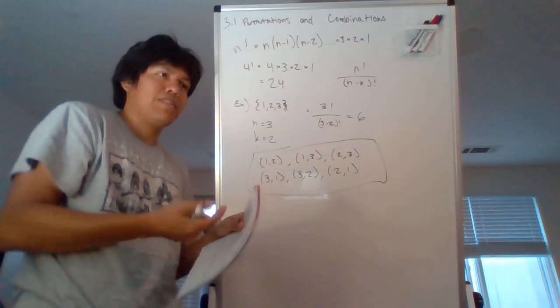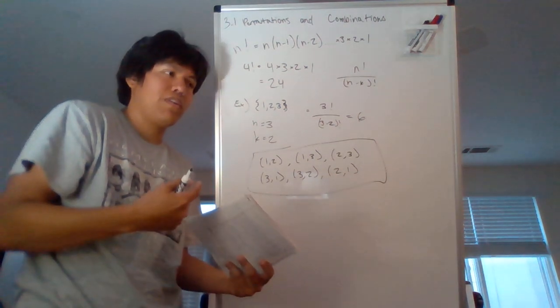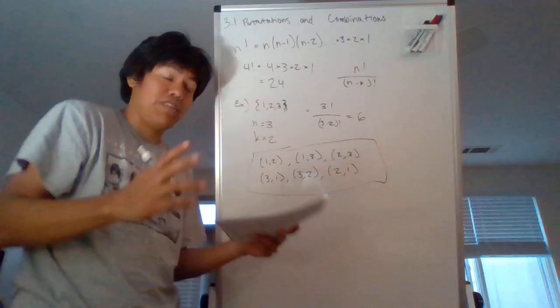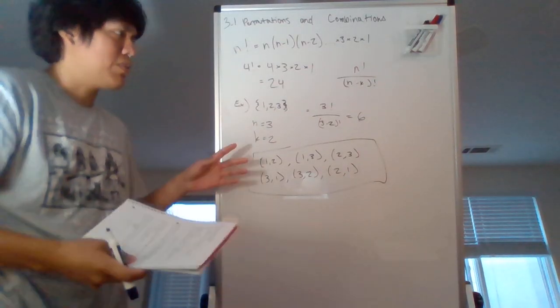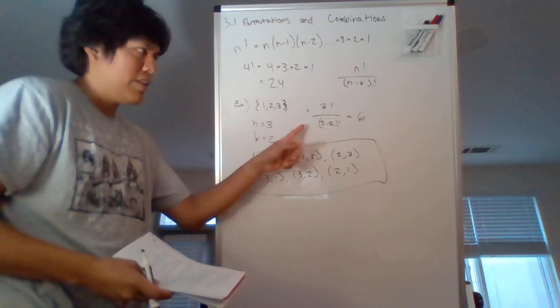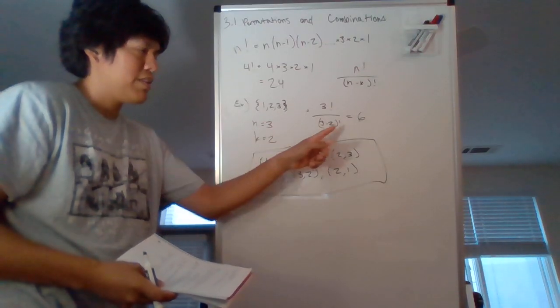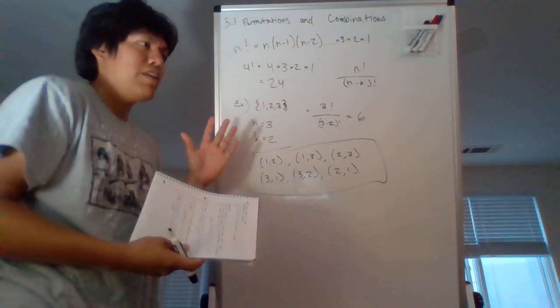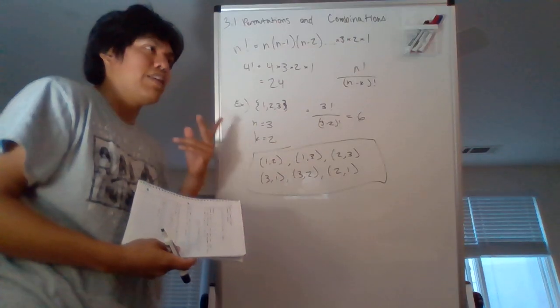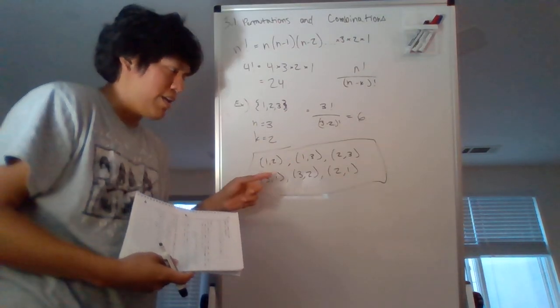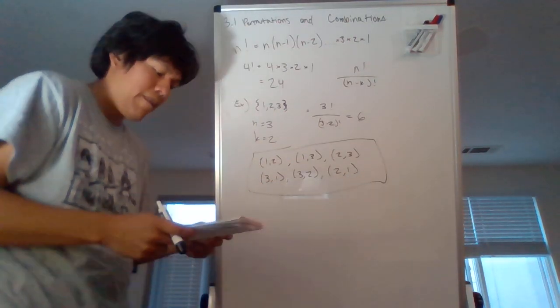Just because they have the same elements but in a different order, that is a different permutation. So that is why the total possible amount of subsets containing 2 elements is 6. And I just wrote them out right here.